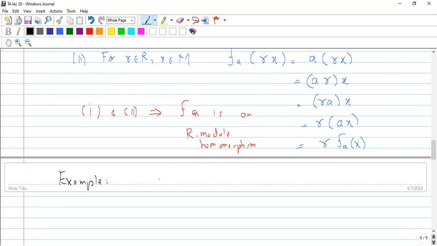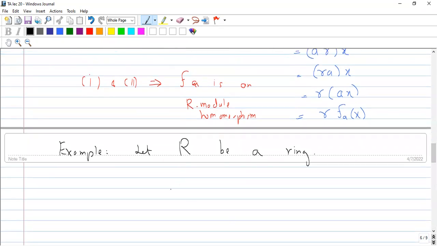Okay, let R be a ring. We know that we can consider R as a module over itself.